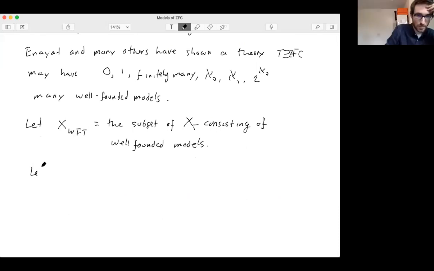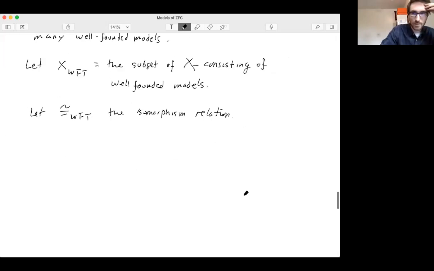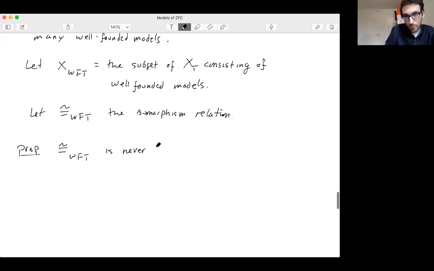And you know, isomorphism on X_WFT, the restriction of the isomorphism relation. So what can we say about this? Again, not so very much, but maybe I'll call it a proposition. Isomorphism on X_WFT for any T is never truly Borel complete.